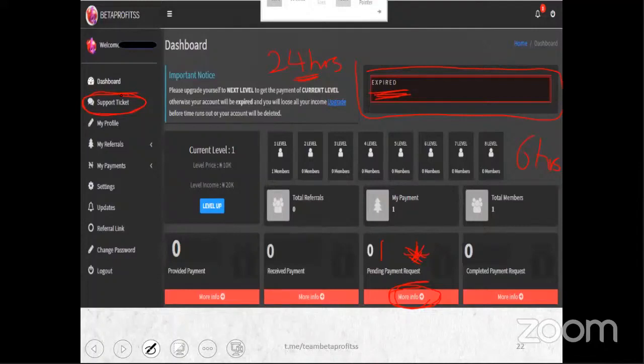They should please reinstate your account. These are very, very vital steps for you to understand in this opportunity. So I'm going to leave that for now and we'll go further into the presentation.